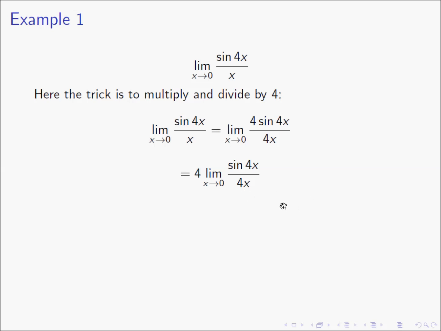And when x approaches 0, 4x also approaches 0. So here we have the fundamental trig limit with variable 4x. So this limit is 1 because it is the fundamental trig limit. So this equals 4 times 1, that's 4, and that's the answer.